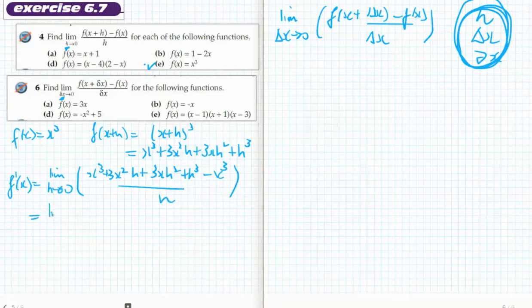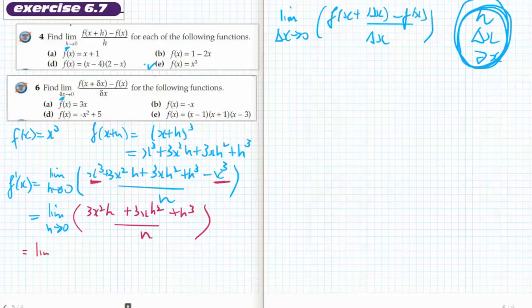And that's going to equal the limit as h approaches 0 of, this and this add to 0, so I've got 3x squared h plus 3xh squared plus h cubed over h.